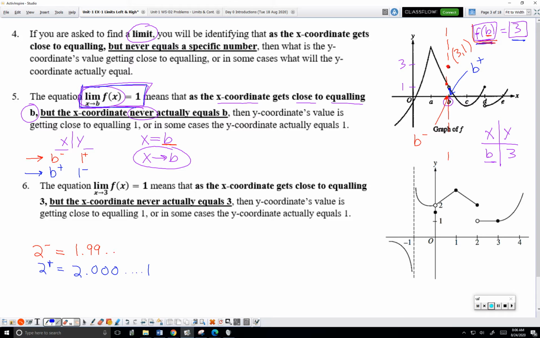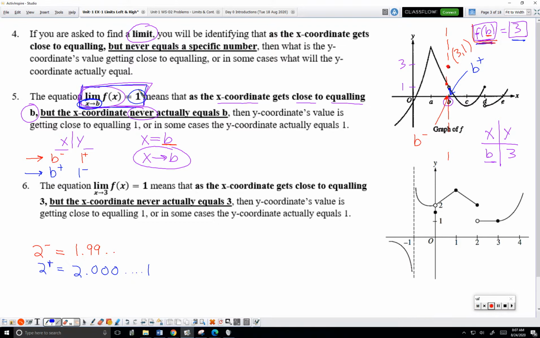Okay, look here. Remember, limit means think about the x-coordinate that is infinitesimally less than b, but also think about the x-coordinate that is infinitesimally more than b. Look at the y-coordinates that correspond to those x-coordinates and say, oh look, when the x-coordinate is getting infinitesimally close to b, the y-coordinate is getting infinitesimally close to 1.